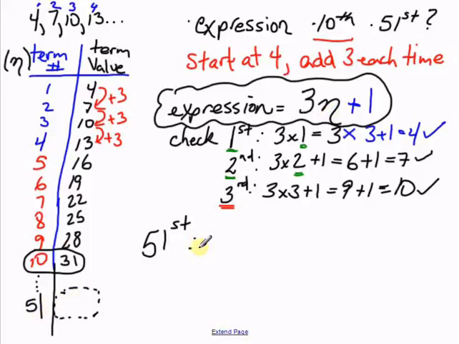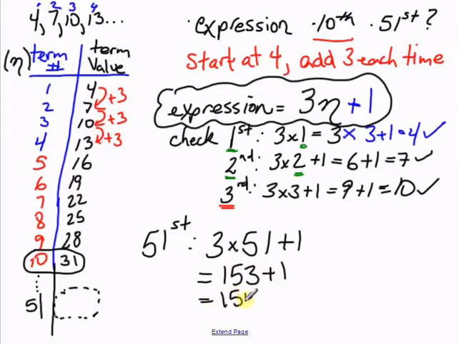I want to just use my expression. 3 times 51, because that's my 51st term number. I'm going to use that for n, plus 1. Well, 3 times 51 is 153. Plus 1 more, we have 154. So the 51st number of the pattern is 154.